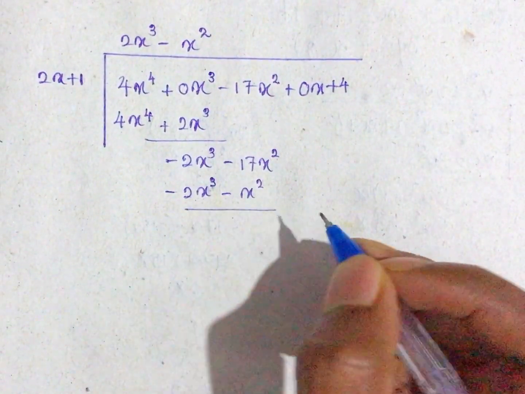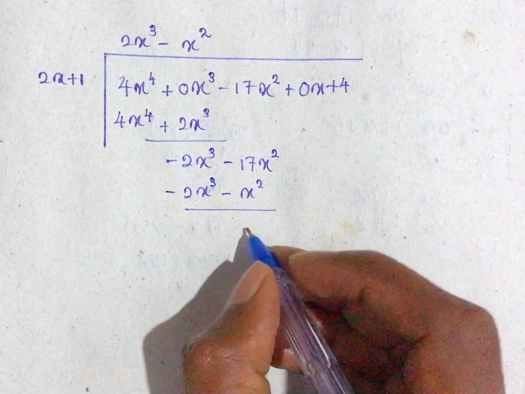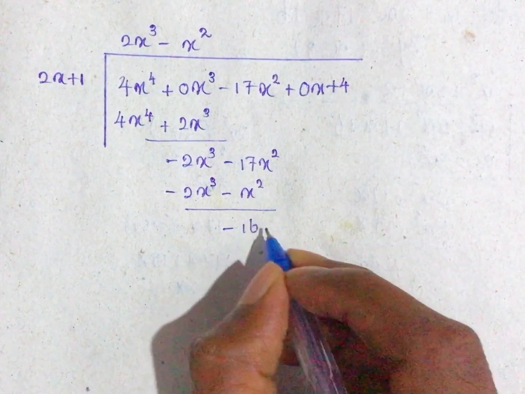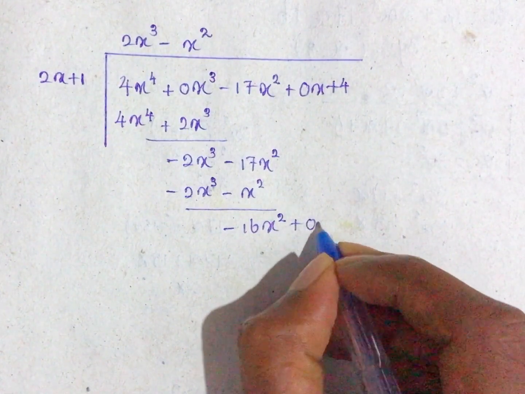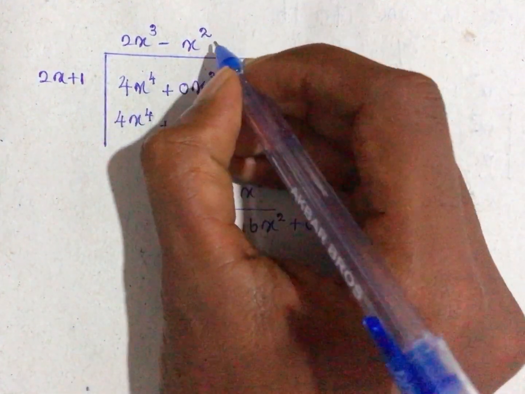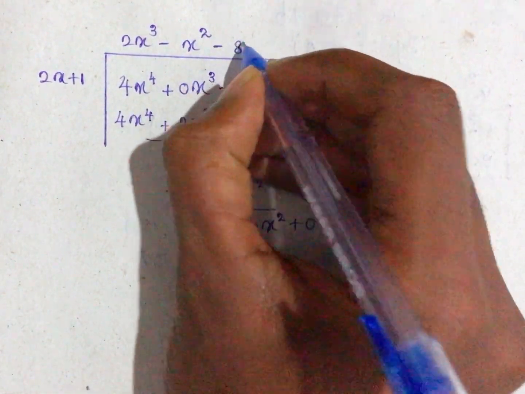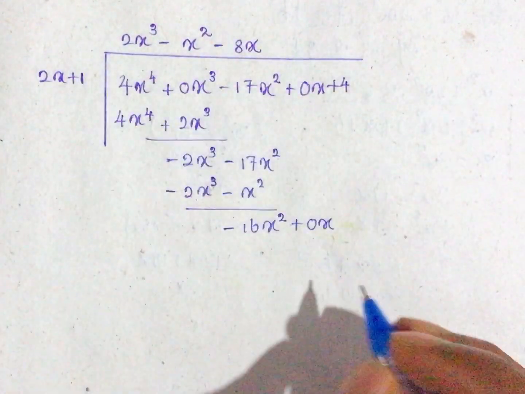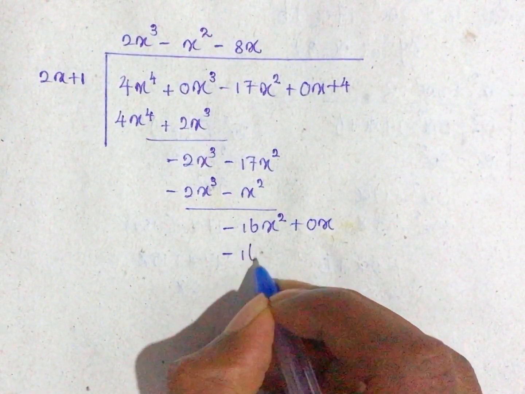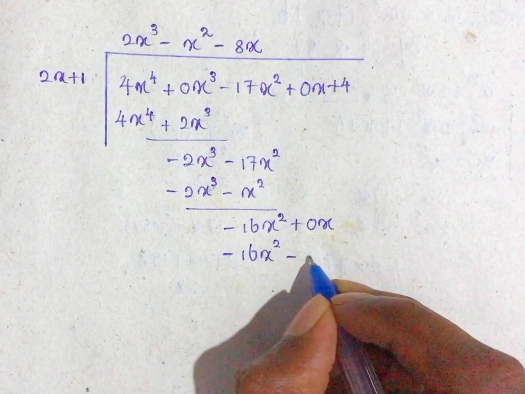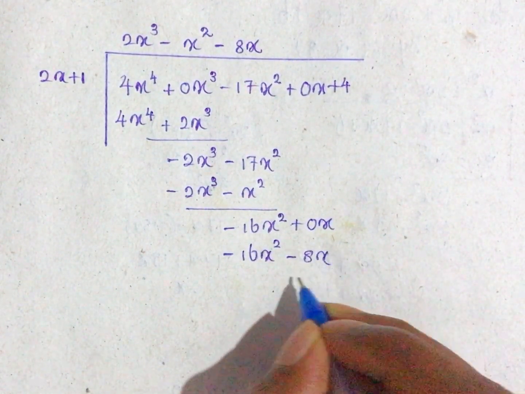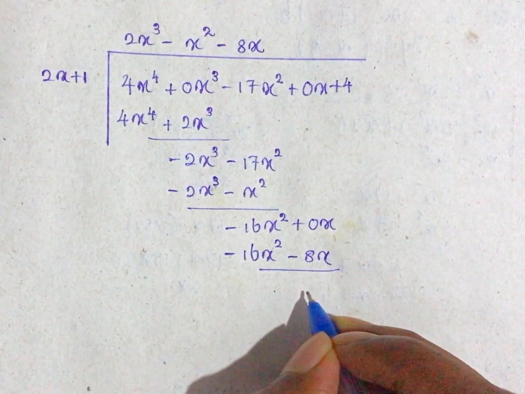Again you need to subtract these two. When you subtract, you will get minus 16x squared. The remaining part is 0x. Then this is the third term for the quotient. It is minus 8x. When you multiply minus 8x by the divisor, you will get minus 16x squared minus 8x.